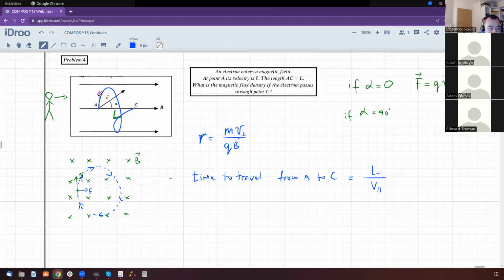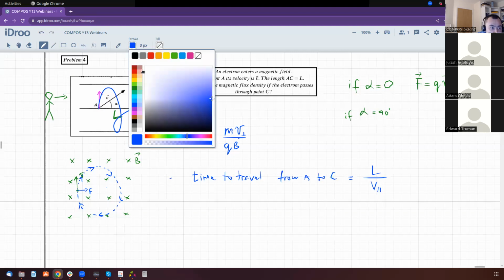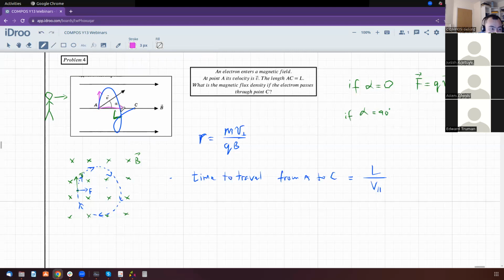So the particle has two velocities: the velocity parallel to the magnetic field and perpendicular to the magnetic field. I'm calling these v perpendicular and v parallel. So that's equal to L divided by v cos alpha. That's the time to travel horizontally.